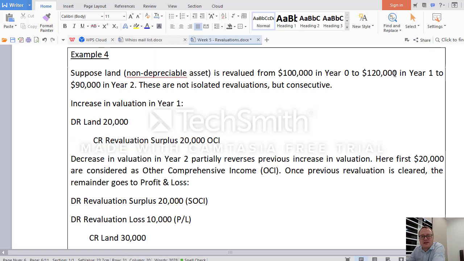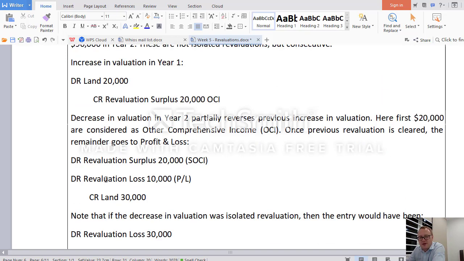The genuine decrease would be from 100 to 90. And that genuine loss is put into the profit and loss statement. So you see, genuine gains do not go to the profit and loss statement, income statement, but genuine losses like here, they do. That's why I put profit and loss.